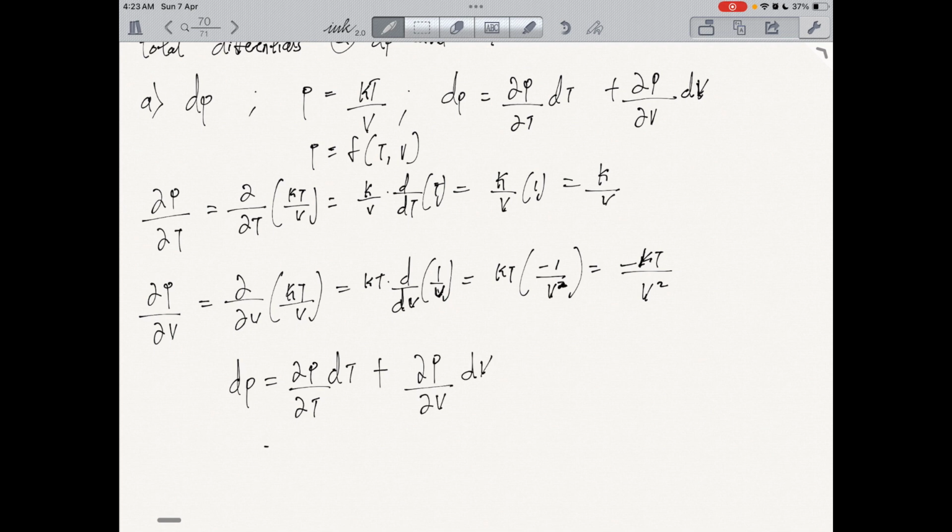Then we'll make our substitutions. ∂P/∂T is K over V multiplied by dT. ∂P/∂V is minus KT over V squared, multiplied by dV.